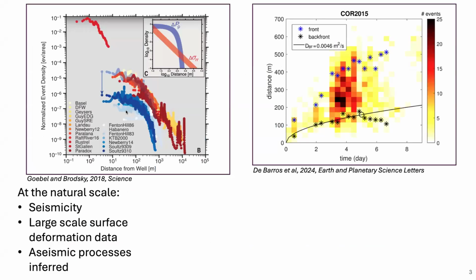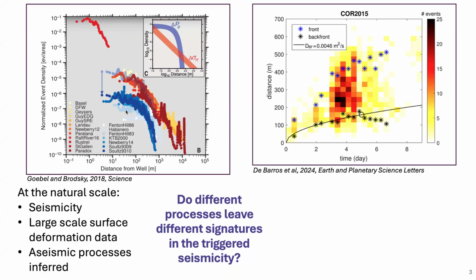So the fact is that at the natural scale it is quite complicated to go back to the potential aseismic driver because the only thing that we see clearly is seismicity itself. We also have, of course, large scale surface deformation data in some cases, but in any case, all these aseismic processes are inferred from seismicity, because it seems that some signatures related to different aseismic processes exist in seismicity.